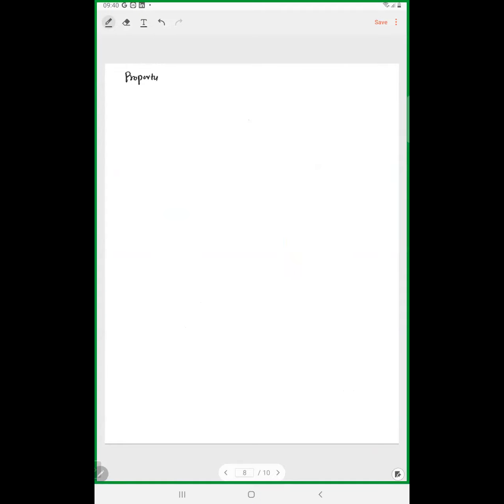First, you have to do workings. Working for property, plant and equipment. We have the property, plant and equipment account.